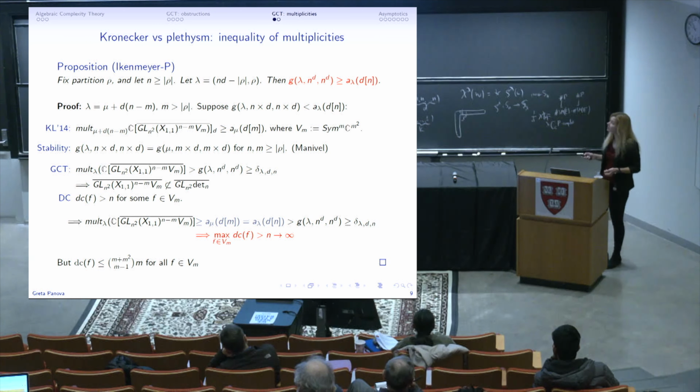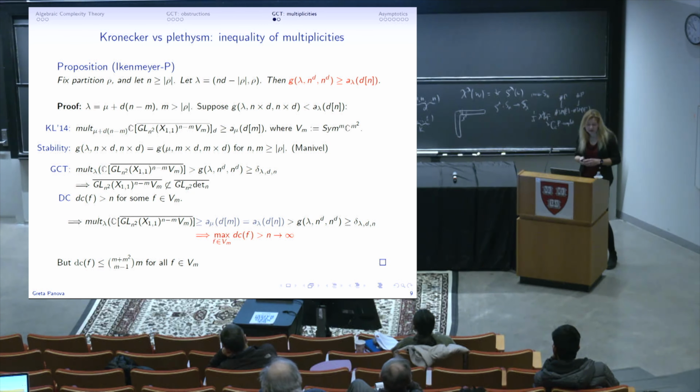But this is not possible because the determinantal complexities of all these polynomials would be bounded by some binomial coefficient in this case. And this is a contradiction. So we get this inequality in particular from all this framework.